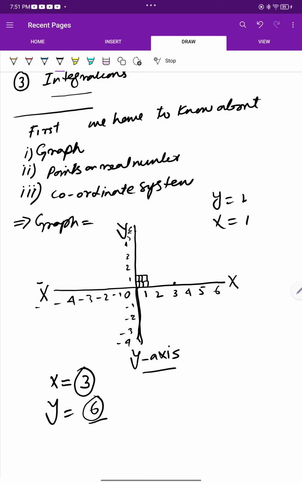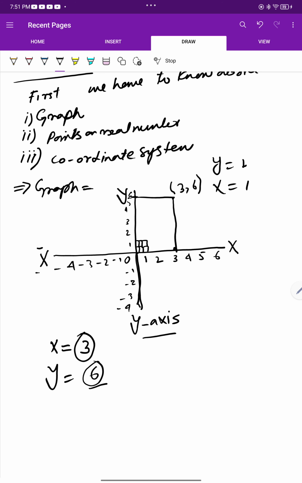If you extend from 3 to here, and from 6 to here, this is your point. We usually put x first and then y second. So the x value is 3 and this is 6. If you get a minus value, from here to here like 0, 1, 2, 3, 4, it's a real number line.